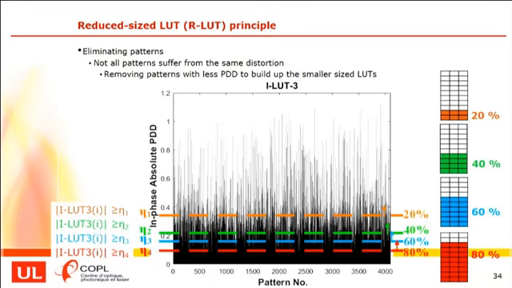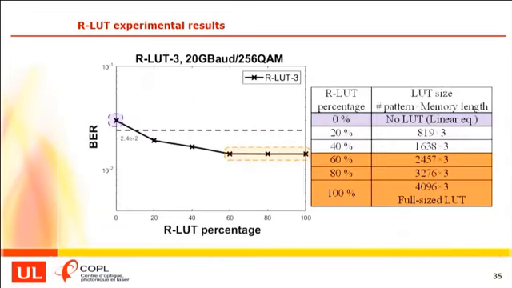So here are the results for 20 gigabaud, 256 QAM, and we can see that we can reduce the lookup table from size 3 down to 60% of the original size without having any impact on performance, because some of these are either so noisy that they're not really helping us or are just simply less critical.